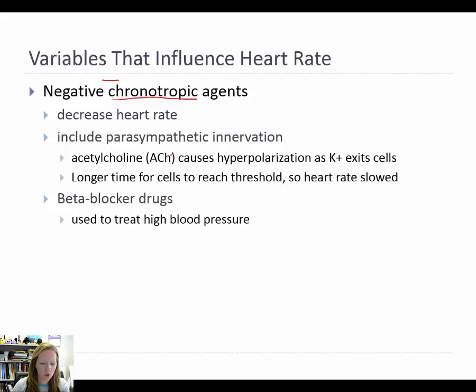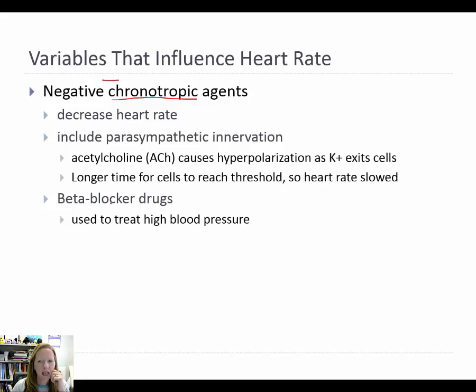It binds to muscarinic receptors. You don't have to worry about that if you don't want to. But eventually what happens is it causes hyperpolarization, and that just means that it takes longer for the cells to reach threshold. So it's harder for the SA node to fire at a regular pace. So it's going to slow the heart rate down. So that's how that works.